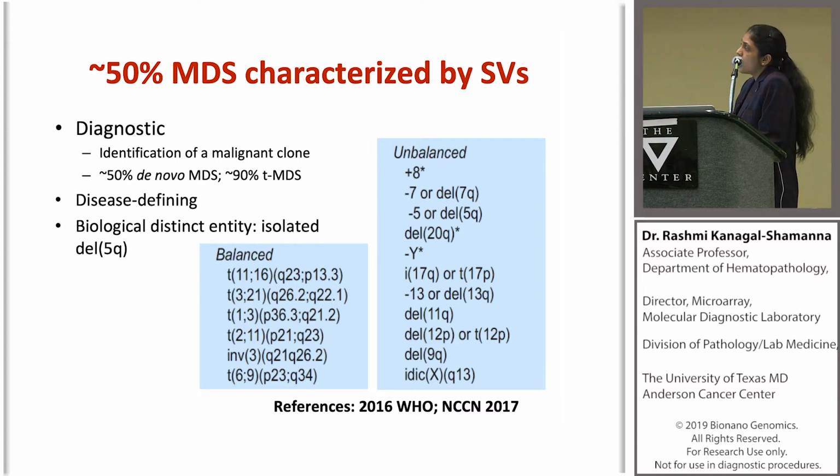These patients respond very well to a type of therapy called lenalidomide. So it's important to pick these up. At the same time, if the del5q occurs in a setting of a complex karyotype, those patients do not respond. So it's really important to identify all of the aberrations in MDS.